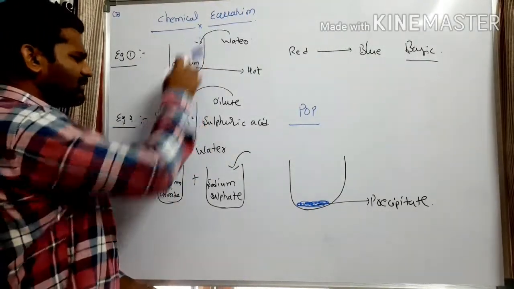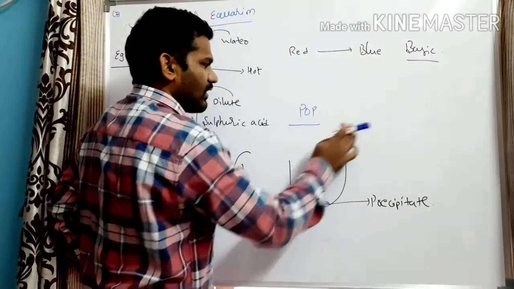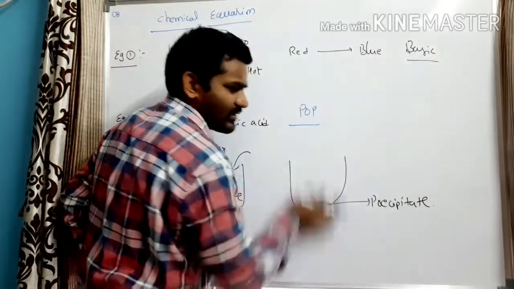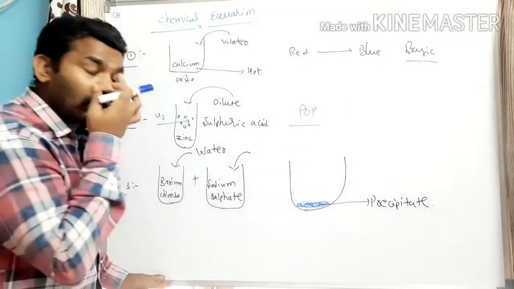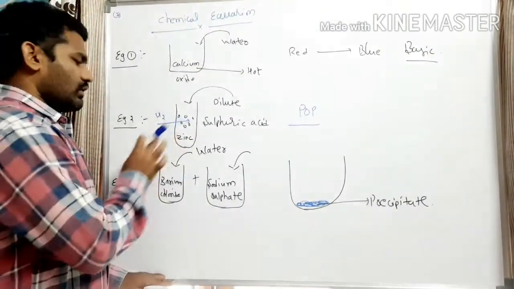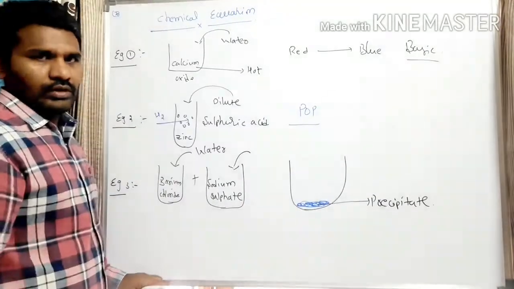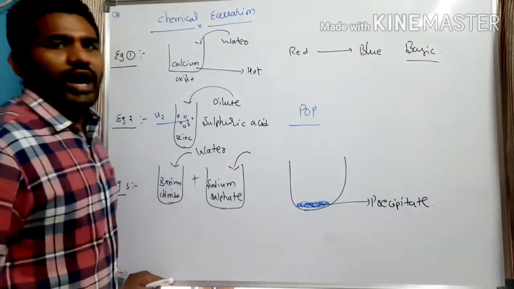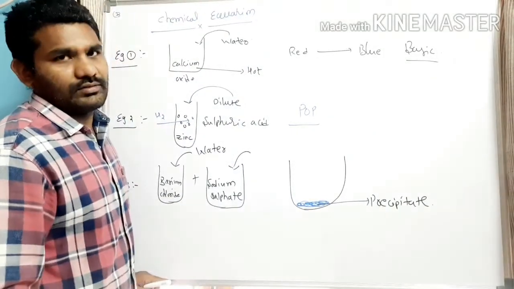In all the three examples, the new substance formed is going to have different characteristics than the original substance which undergoes the reaction. The substance which is undergoing reaction and the new substance which is formed after the reaction are going to have entirely different properties.